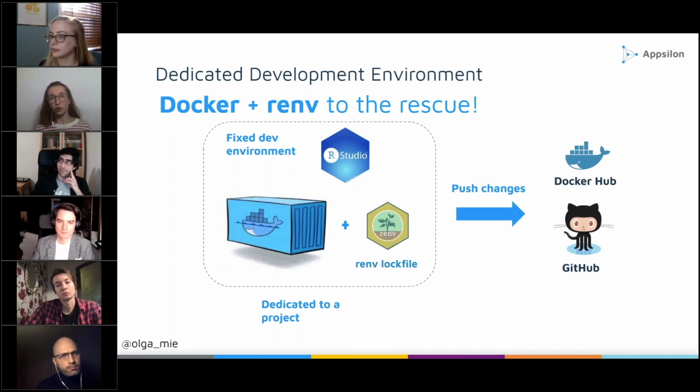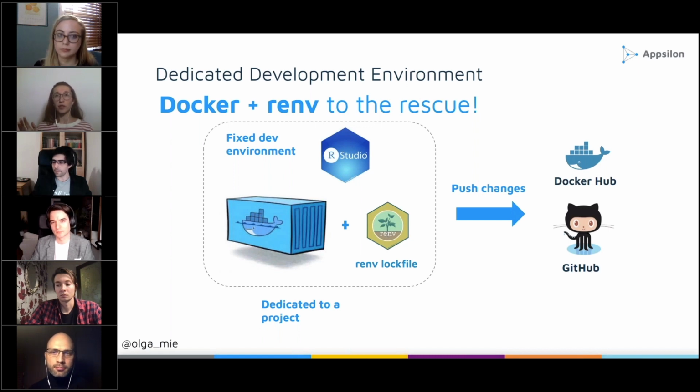And you can leverage Docker and the renv package to control underlying system dependencies and R packages. Docker and renv together make team collaboration easy. All the changes to the Dockerfile and the renv lock file that records the packages used in the project are committed to Docker Hub and to the code repository, for example GitHub, that your team is using.